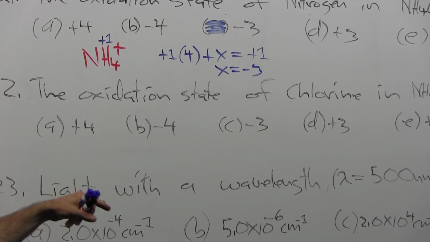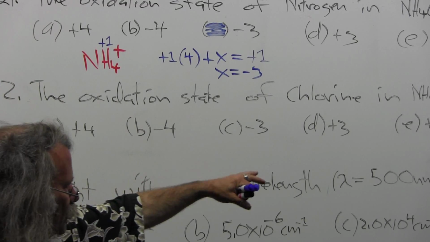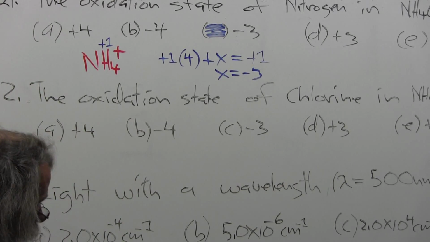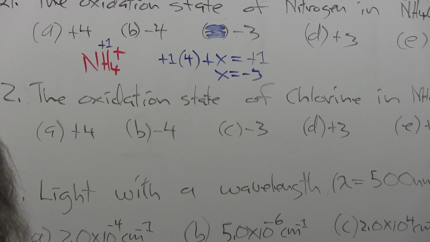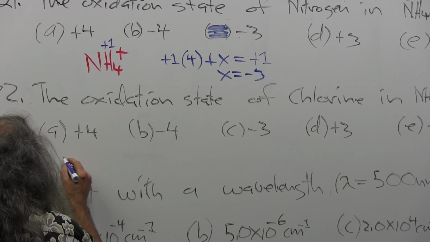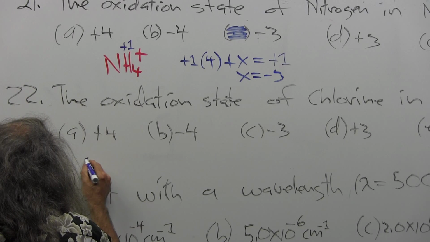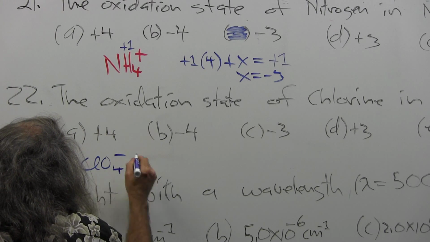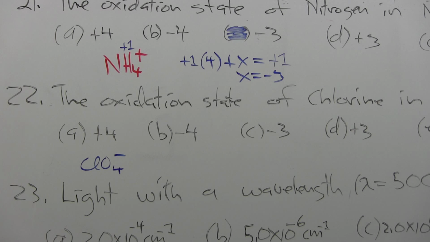A is +4, B is -4, C is -3, D is +3, and E is +7. So now we'll do the same thing we did before. I'll take the perchlorate ion, and I will look through the rules to assign the oxidation state.